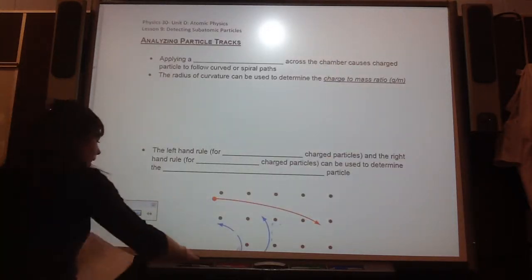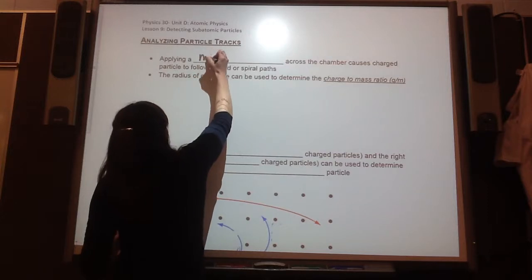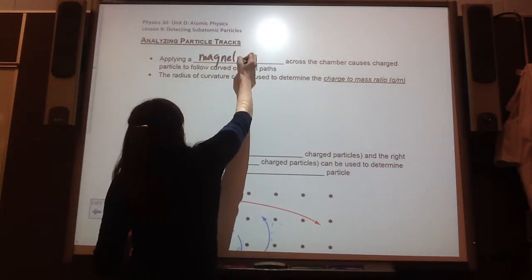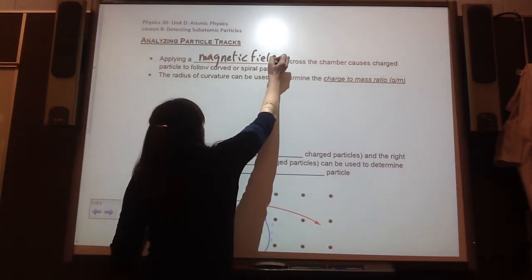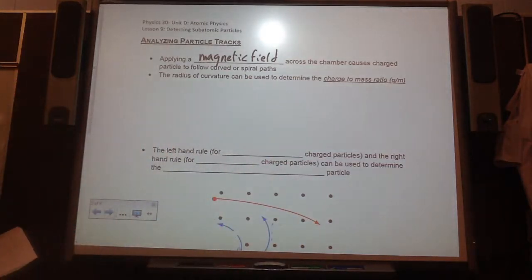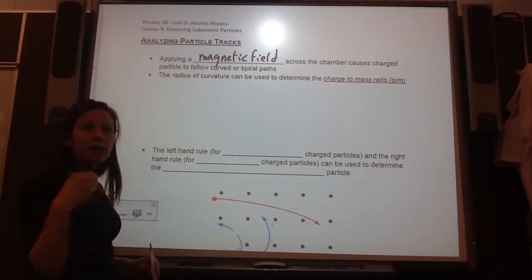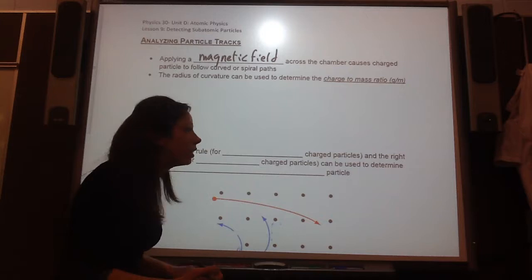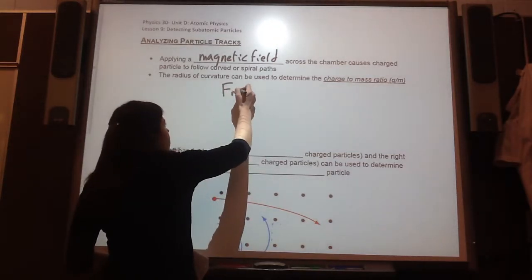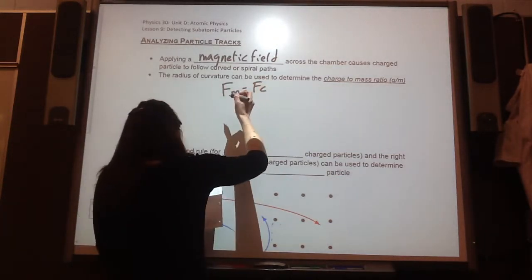So applying a magnetic field across the chamber causes charged particles to follow curved or spiral paths. The radius of the curvature can be used to determine the charge to mass ratio. Because if it's going in a circle based on the inducement of a magnetic field, we can say that Fm is equal to Fc.